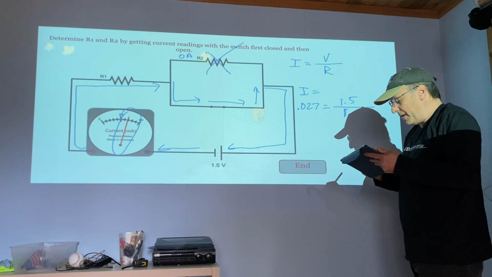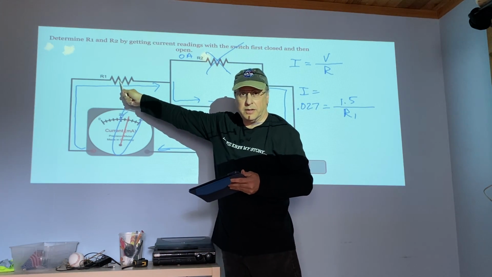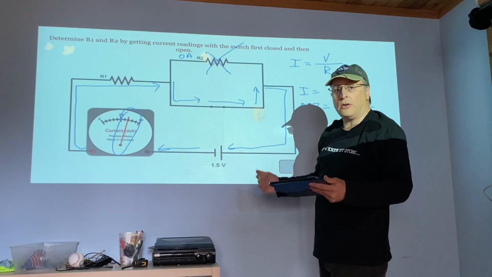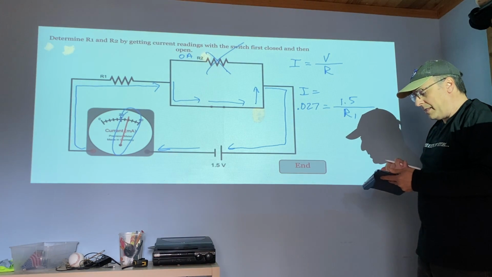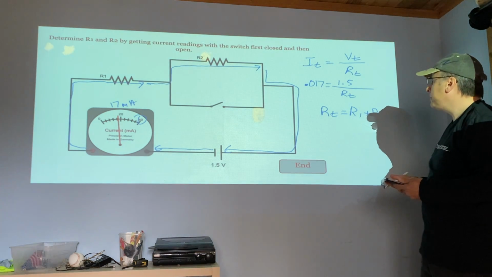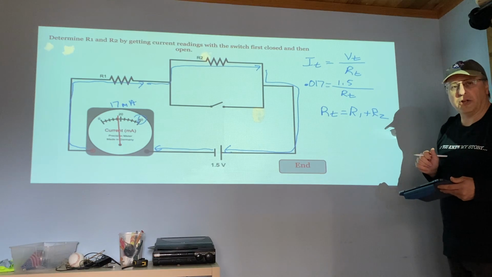And then we solve, and when we get the resistance, we're getting the resistance of just this one. R2 has been effectively taken out of the equation. We solve it for R1, and then we go back to the one that we had earlier, and we plug that R1 in, and we can figure out R2.